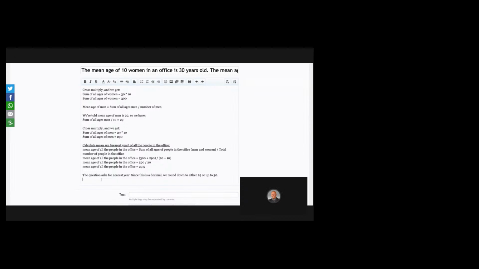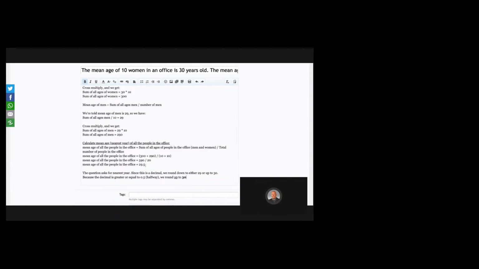So the next question is, well, which one is it? Because the decimal is greater than or equal to 0.5, halfway, we round up. Round up to 30. And that is your answer.